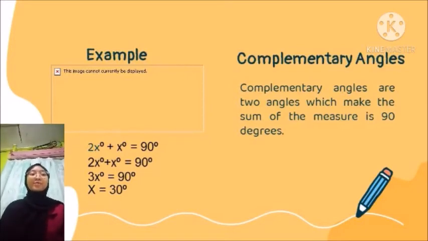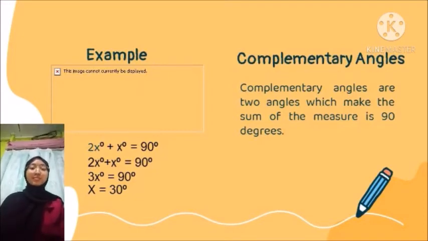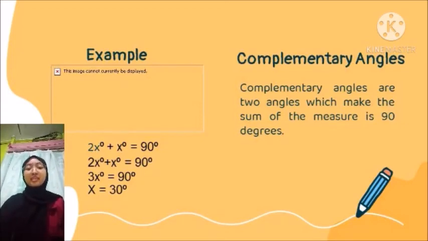Then 3x degrees equals 90 degrees, so x is 30 degrees.